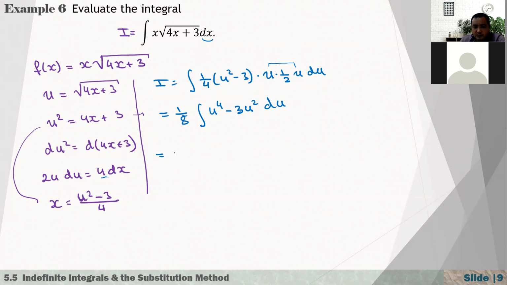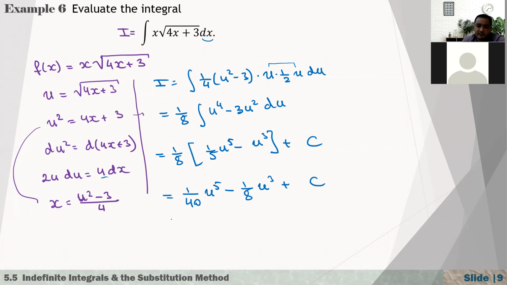Which is equal to 1 over 8 times 1 over 5 u to the power of 5 minus u cubed, plus c. That's equal to 1 over 40 u to the power of 5 minus 1 over 8 u cubed plus c. So the answer will be, actually, u cubed is outside.